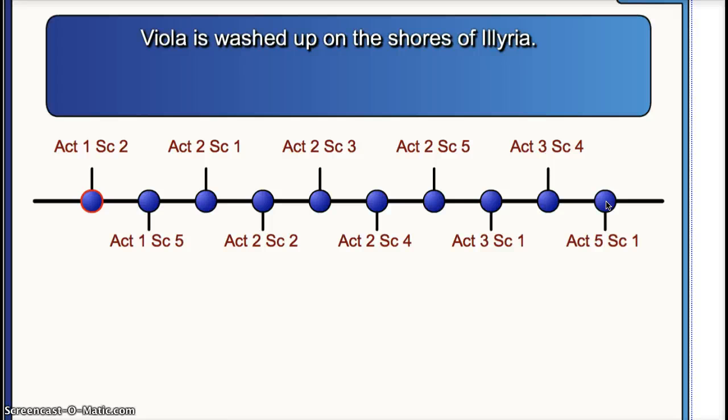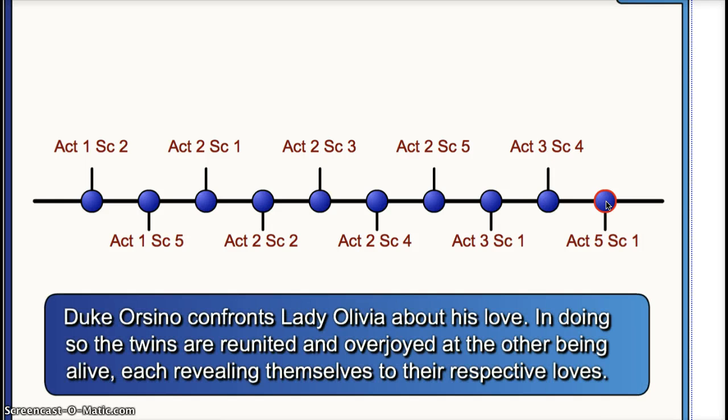But the big thing there is the reveal that Viola is really a woman, and that Sebastian is alive, and that they're back together, and then they reveal their love to their significant loved ones, and everyone's happy except for Malvolio. Even Toby and Mariah go off and do their own thing.